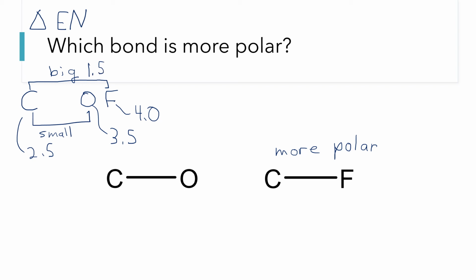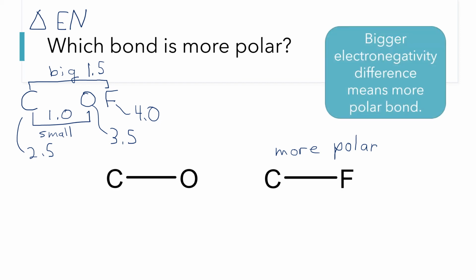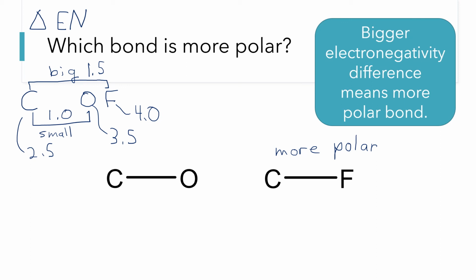And if we do that subtraction for oxygen minus carbon, 3.5 minus 2.5, we're going to have a 1.0 for the difference in those two. So that also aligns with the CF bond being more polar than the CO bond. Just keep in mind that a bigger difference in electronegativity is going to mean a more polar bond.